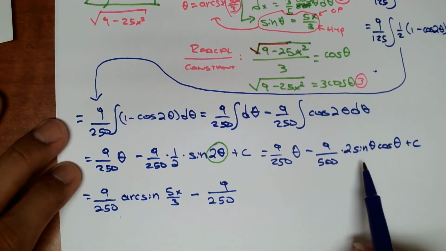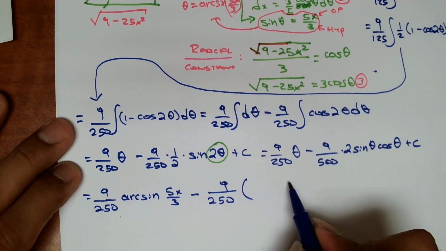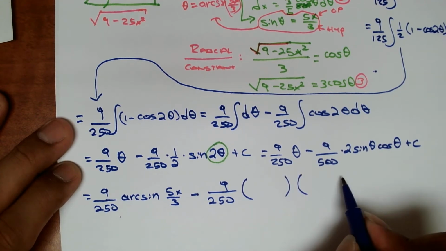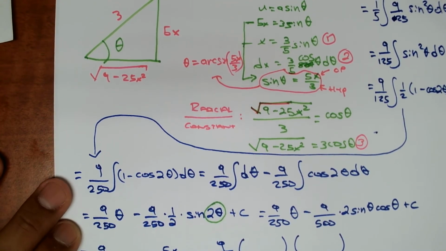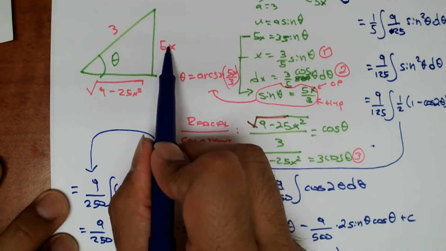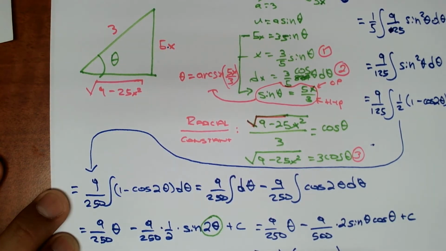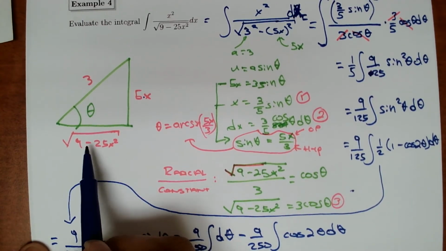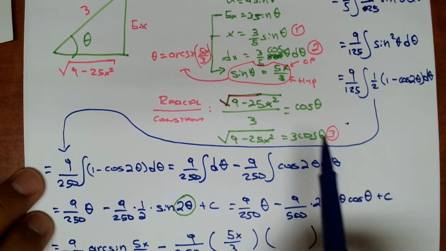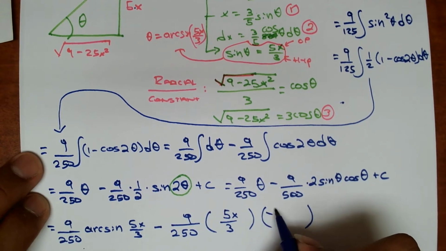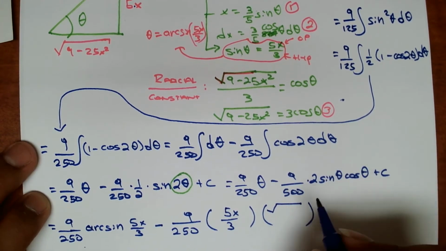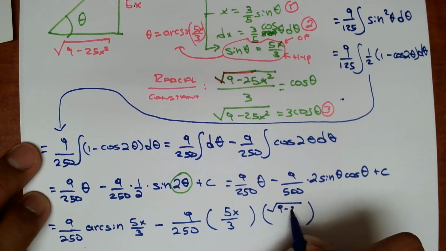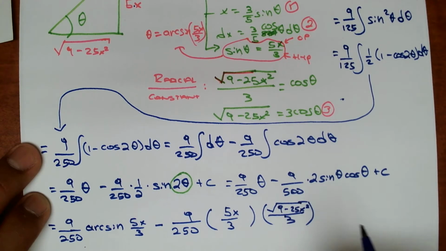And sine, what is sine here? So let's do sine and then let's do cosine. From the triangle, sine, which is opposite over hypotenuse, that's 5x over 3. And cosine, adjacent over hypotenuse, we already have it here before, so that's the square root of 9 minus 25x squared over hypotenuse, which is 3.